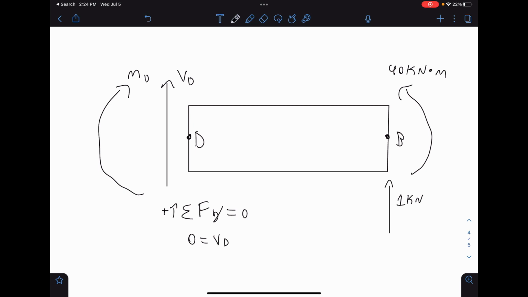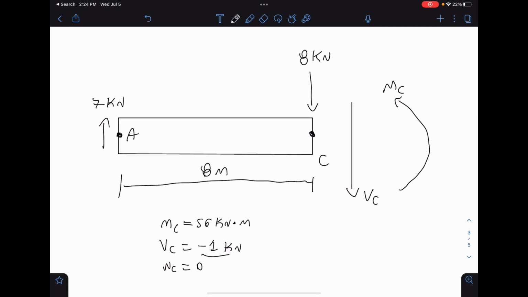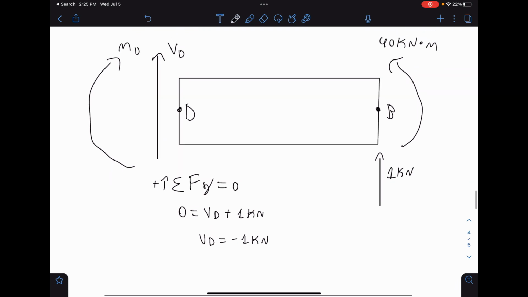And we also have plus 1 kilonewton, our point force at B from our reactions earlier. So we find that VD is equal to negative 1 kilonewton. So again, it being negative means our assumption is wrong and it's actually going downwards. Remember that when we did it for the other segment up here, we also got negative 1. So they're flip-flopped. That's okay.